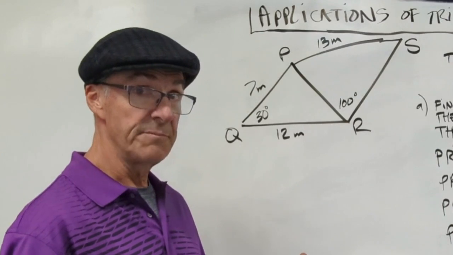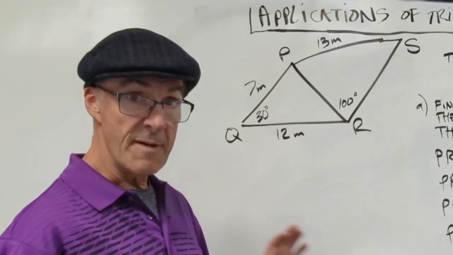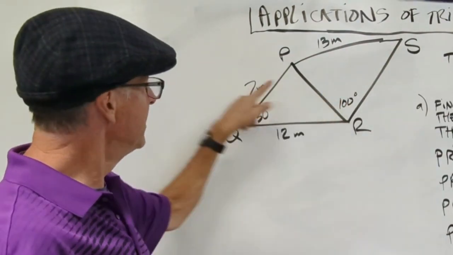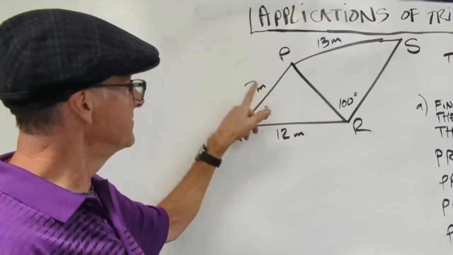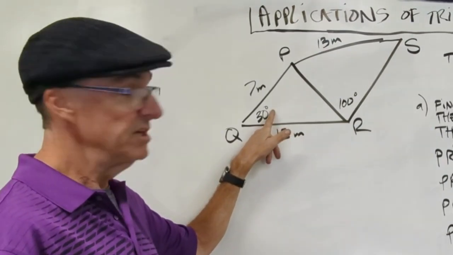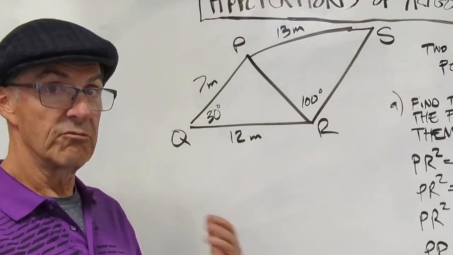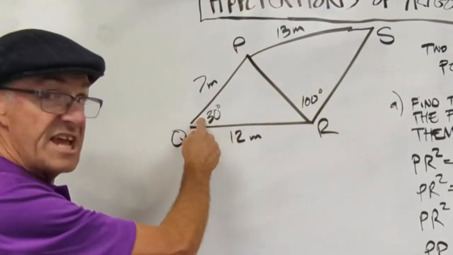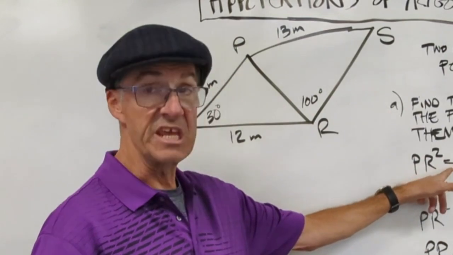So my plug-in step, the most crucial and sometimes the most confusing. What I remember of my cosine rule is that this side squared is going to equal this side squared plus this side squared minus 2 times this side times the cosine of this angle, which is 30. So first step in recognizing and using the cosine rule is that the side opposite the angle that you know is the side squared that goes on this side of the equal sign.